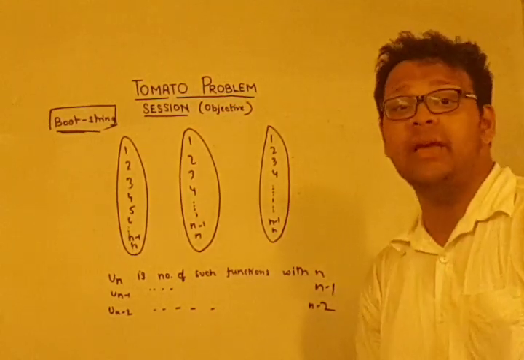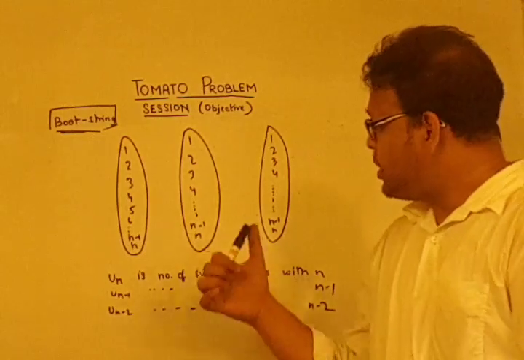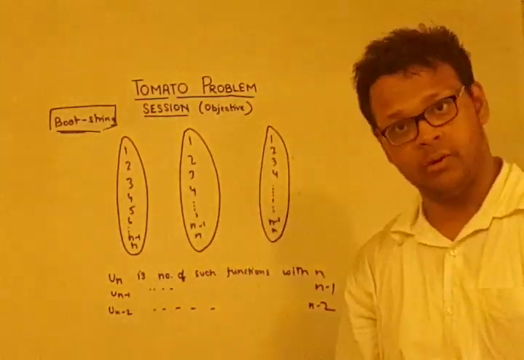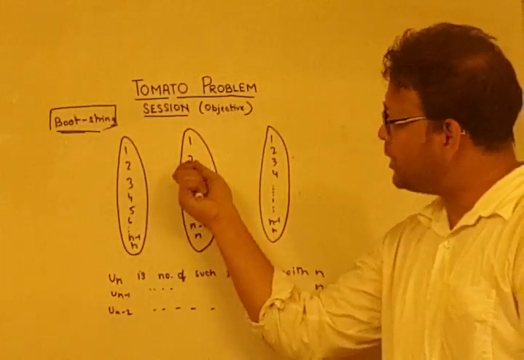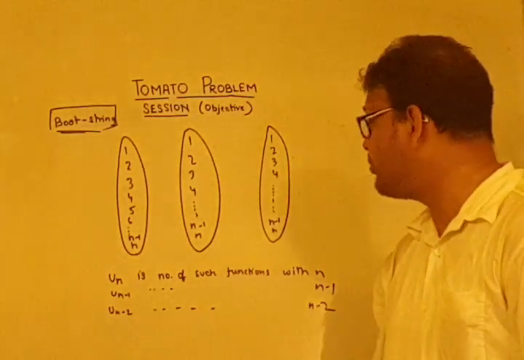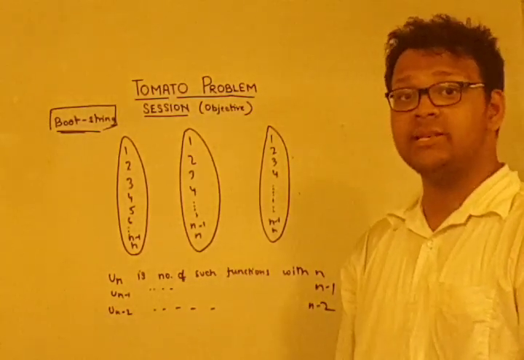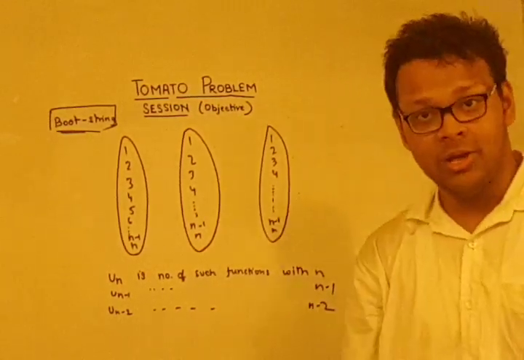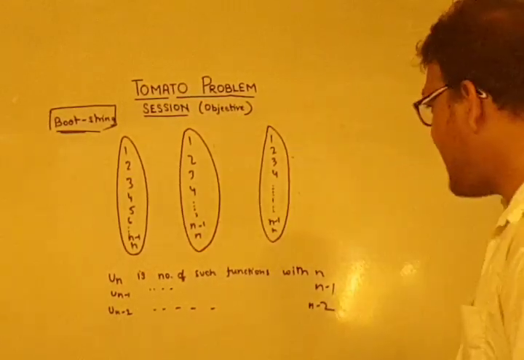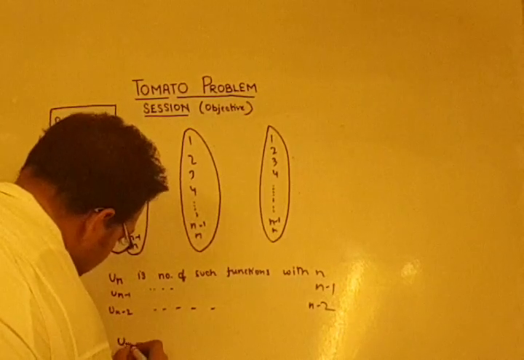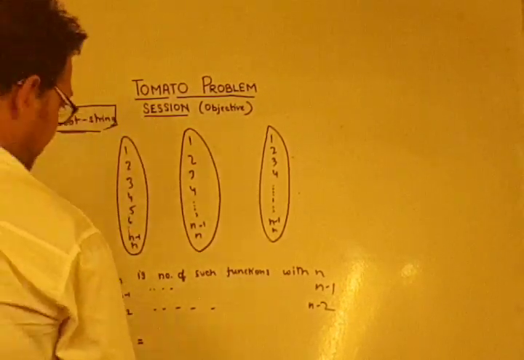In how many ways can f(1) be 1? 1 goes to 1, and that goes to 1, of course. 1 goes to 2 and 2 maps to 1. 1 goes to 3, 3 maps to 1. 1 goes to 4, 4 maps to 1. 1 goes to n-1 and that further maps to 1, and 1 goes to n and that maps to 1. Considering all these possible cases, Un is the number of all possible functions.